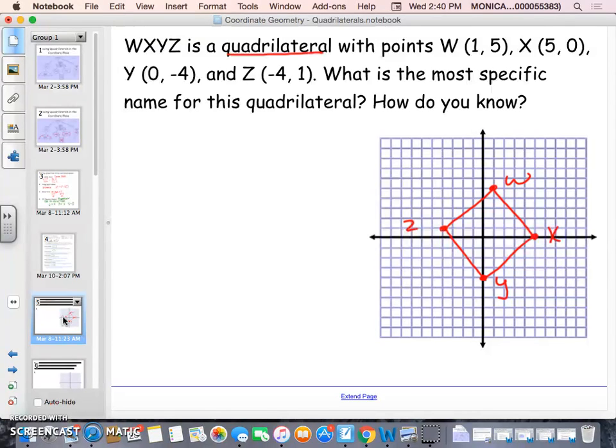Okay, and the first thing I'm going to do is check to see that my diagonals are congruent. And so to do that, thinking congruent diagonals, I'm going to have to use the distance formula. So I'm going to first calculate the distance from W to Y. Okay, so I'm going to redraw this in green.